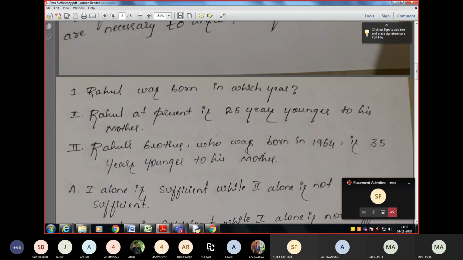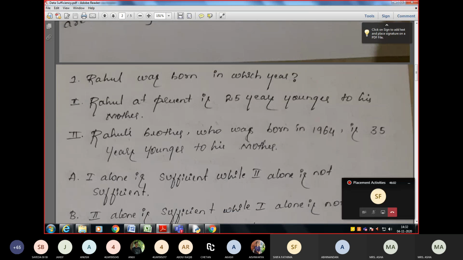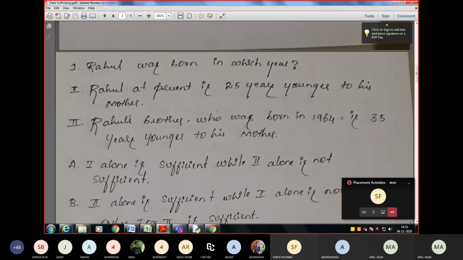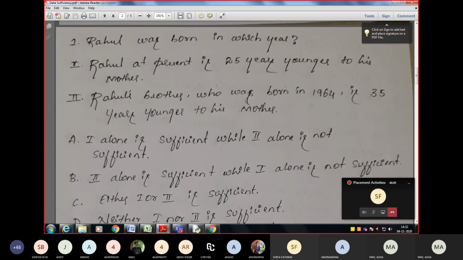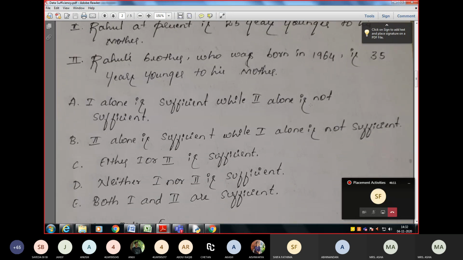A, first alone is sufficient, while second alone is not sufficient. B, second alone is sufficient, while first alone is not sufficient. C, either first or second is sufficient. D, neither first nor second is sufficient. E, both first and second are sufficient.